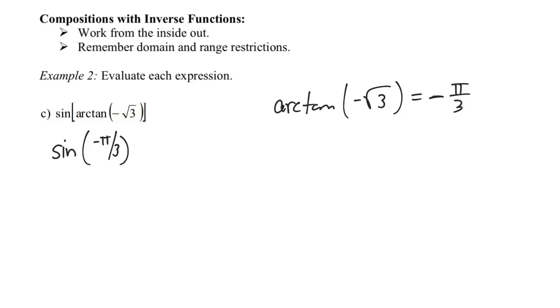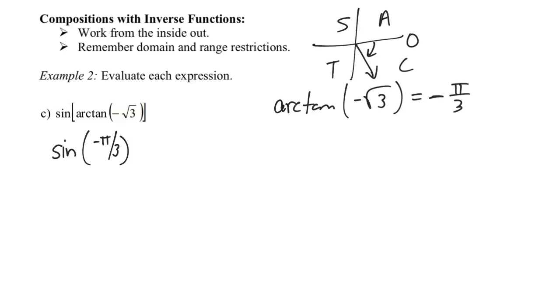Now, we have not done a ton of negative angles yet, but if you'll remember back to our 4.1 through 4.3 notes, we said that negative angles rotate in the clockwise direction. And so if I were to draw a picture here, this is still 0, and rotating pi over 3 in the clockwise direction is actually going to put me here into quadrant 4.